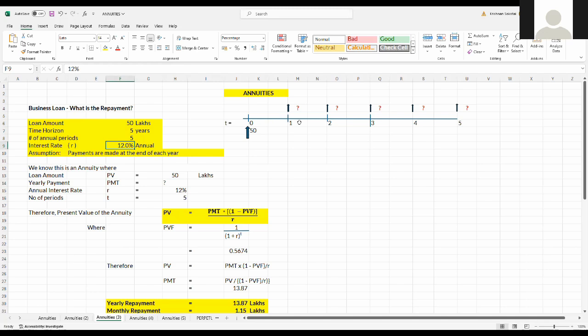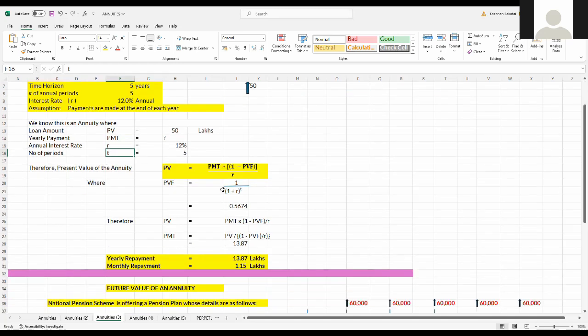So PV equal to 50 lakhs, payment is asked for, R equal to 12% and T equal to 5. Similarly, you just substitute the numbers, and then you solve for the payment. So here we get payment equal to 13.87, so this is yearly payment. So yearly payment is 13.87 lakhs, and so monthly payment is divided by 12, which is 1.15.